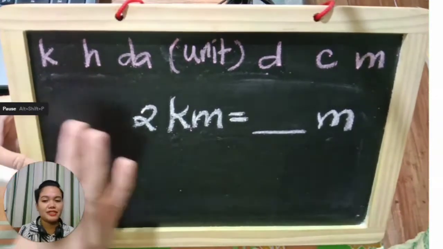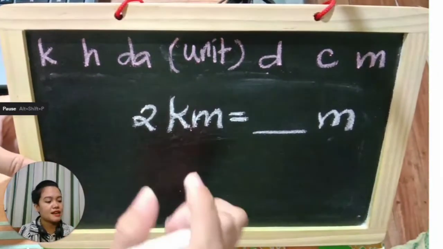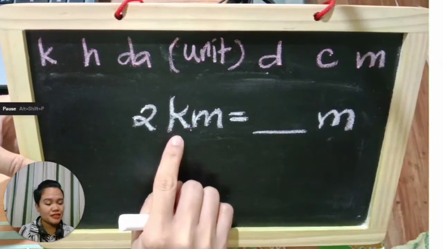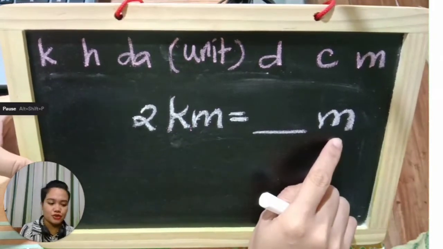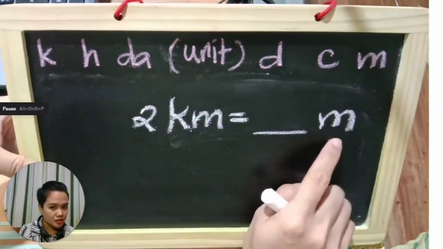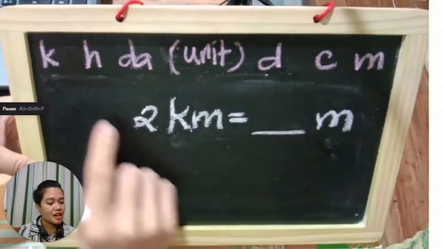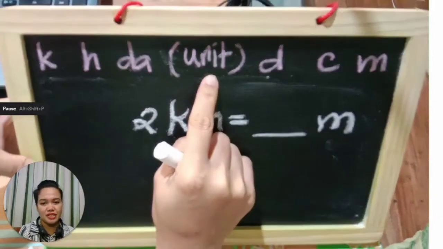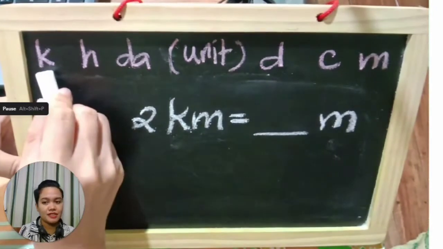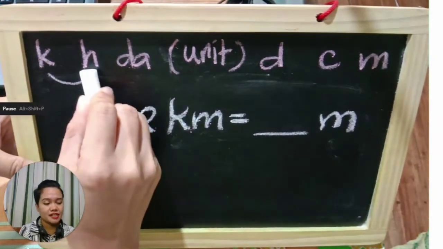Simple. You only have to count the steps from the given prefix to what you need to convert it to. So if you need meter, that is the unit, how many steps does it have to travel from kilo to the given unit, meter? So let's count. 1, 2, 3.